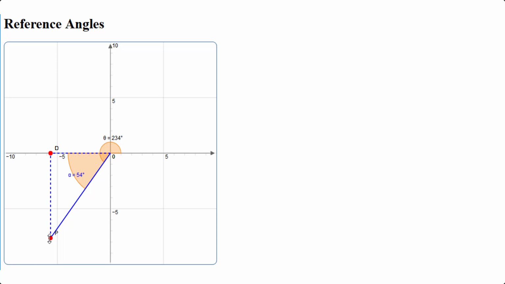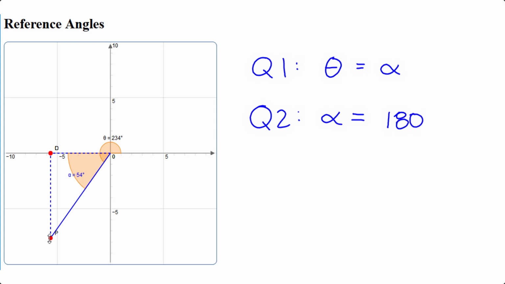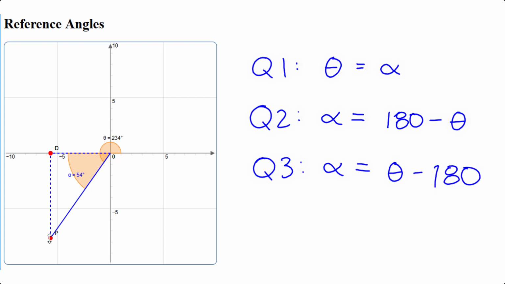So for quadrant 3, actually, let me write these up for you because it would be good for you to know. So for quadrant 1, theta is just equal to alpha. For quadrant 2, your reference angle is going to be 180 minus whatever theta is. Quadrant 3, your reference angle alpha is going to be theta minus 180 degrees. That gives you the leftover after the 180 degrees.